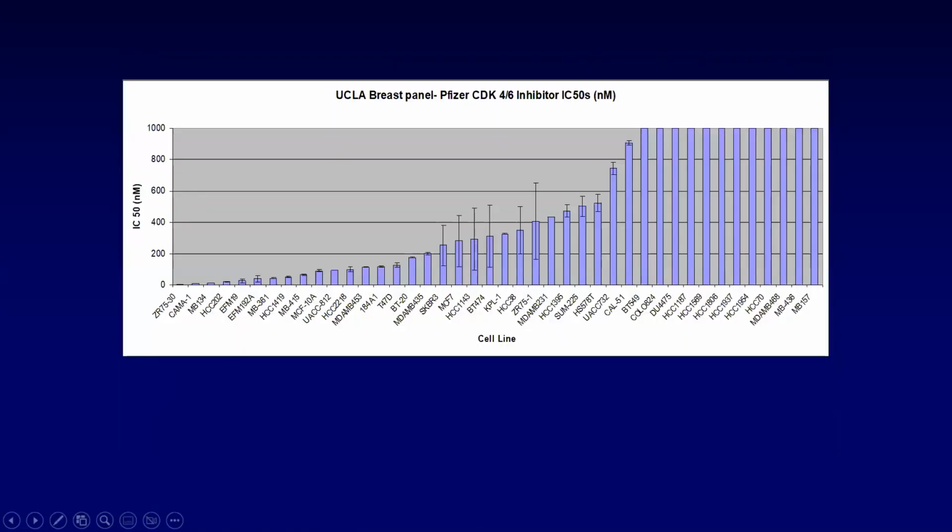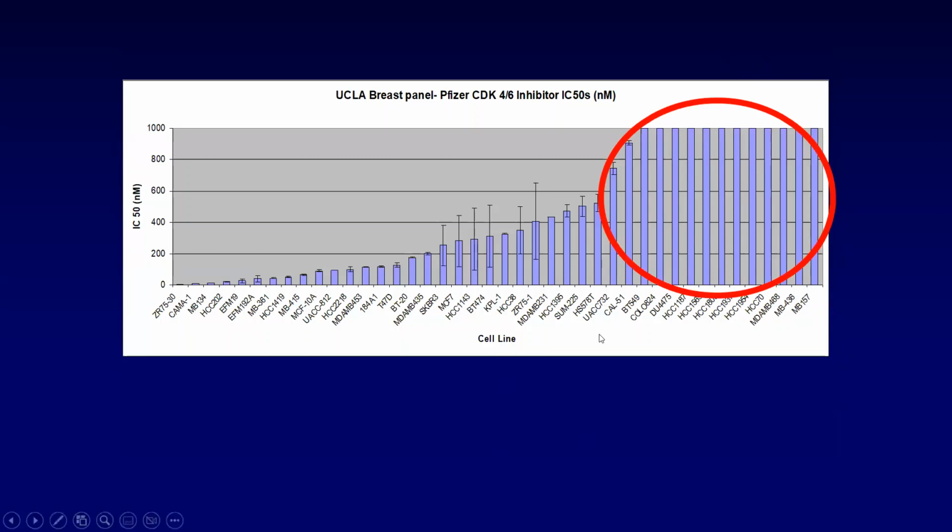And in Dr. Slayman's laboratory, he took cancer cell lines, each one of these bars is a breast cancer cell line. Some are ER positive, some are triple negative, some are HER2 positive. And he treated them with the palbociclib drug to see how they work. And you can see on the right side, these cancer cells keep on growing.